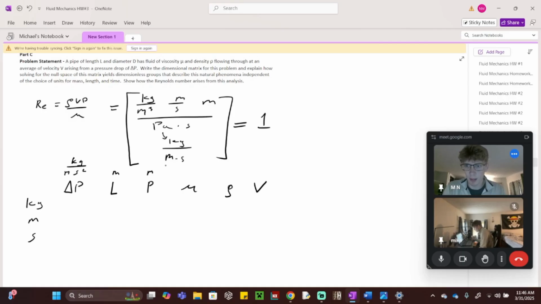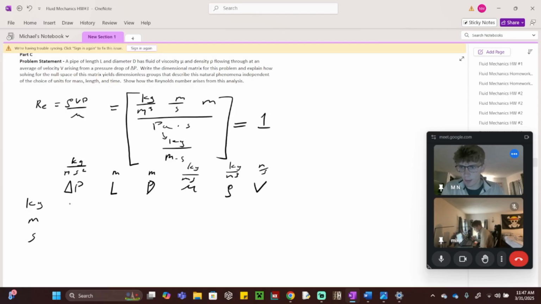Length is meters. Sorry, this is supposed to be diameter. This is meter. Viscosity, kilogram per meter second. Density is kilogram per meter cubed, and our velocity is meters per second.